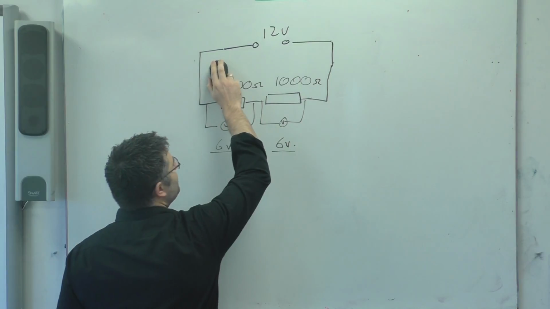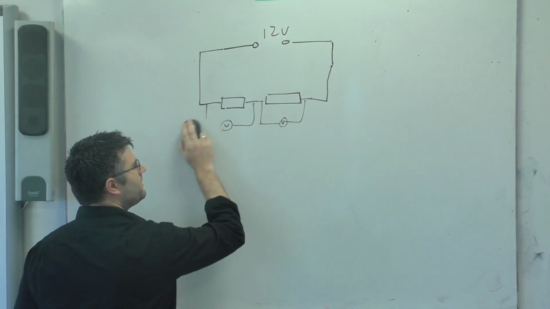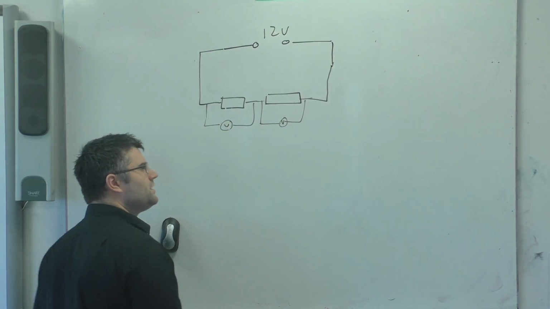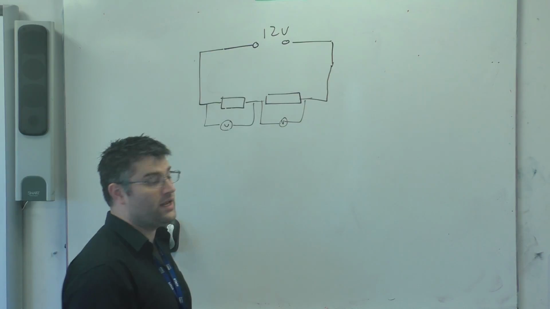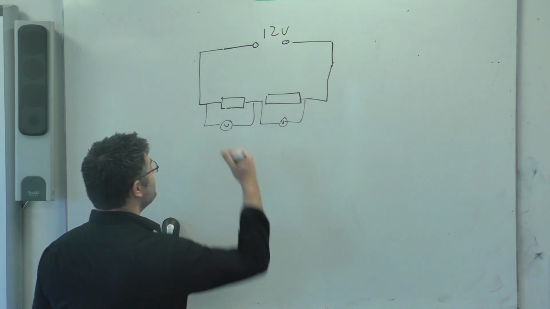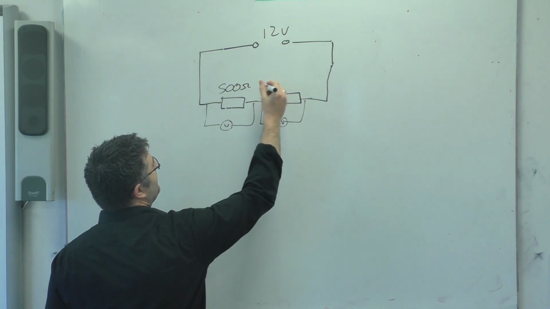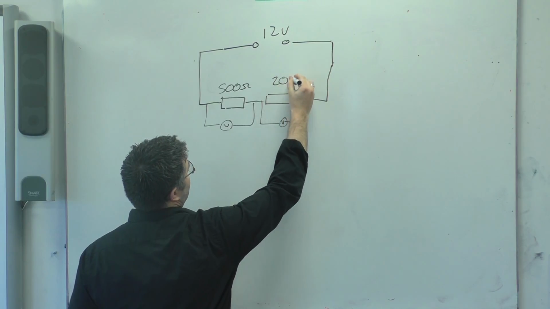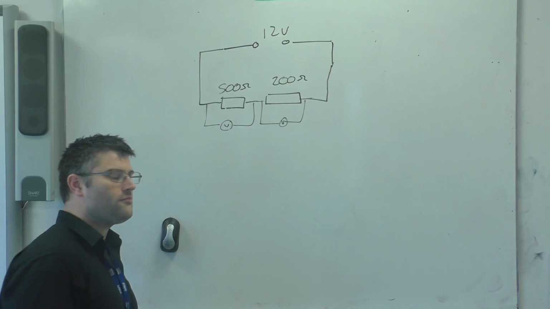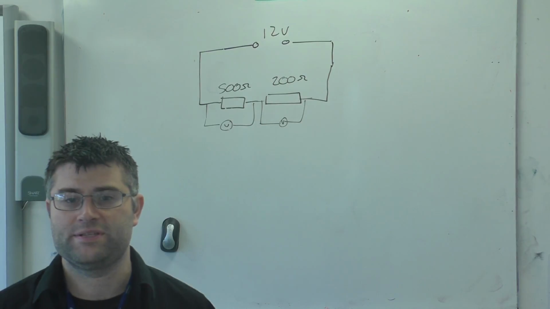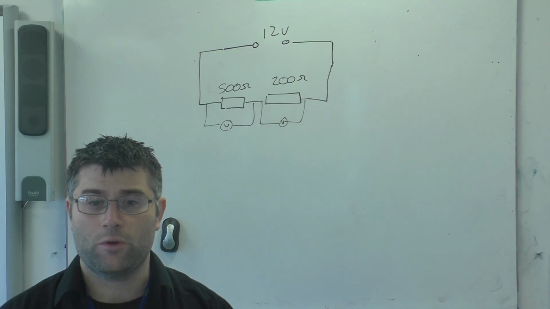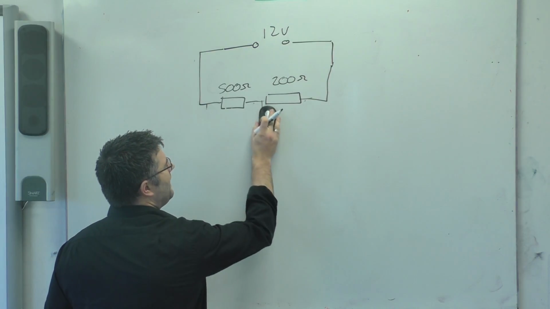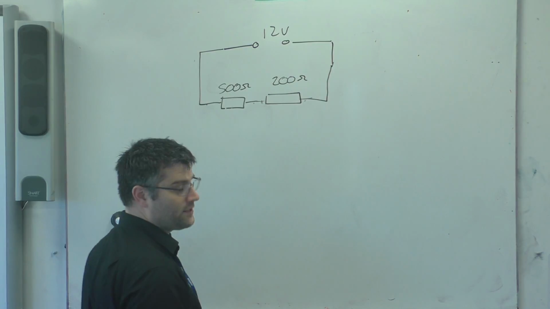So what we've got here is a situation that we can change up just slightly and say, well, what happens then if I was to introduce different resistances? Let's say I have 500 ohms and I have, let's say, 200 ohms. How do we know how that potential is split? Well, there is an equation to help you work it out. But we have to assign letters to make this work.